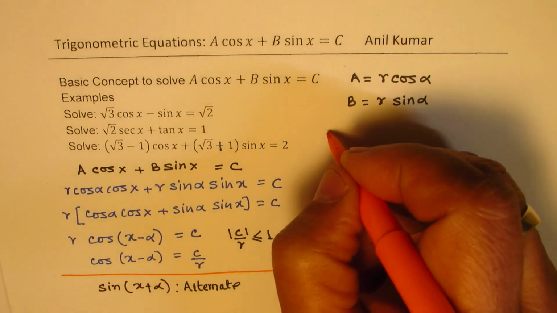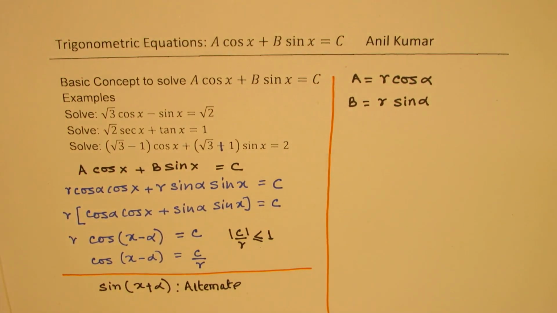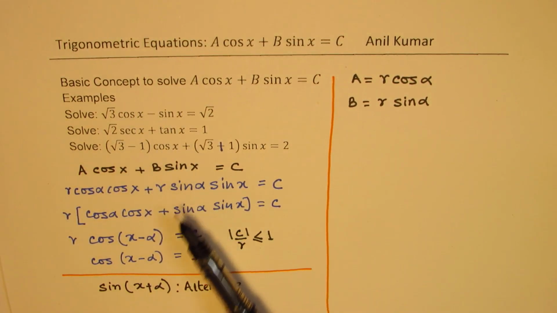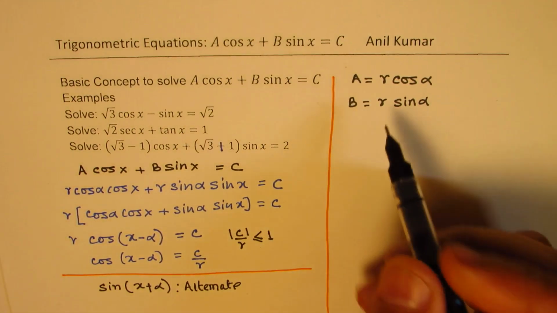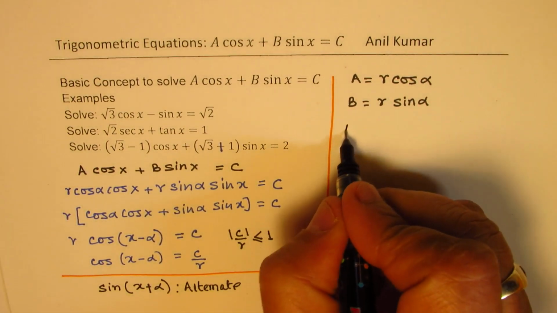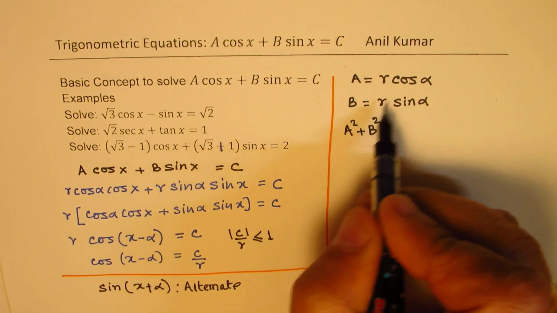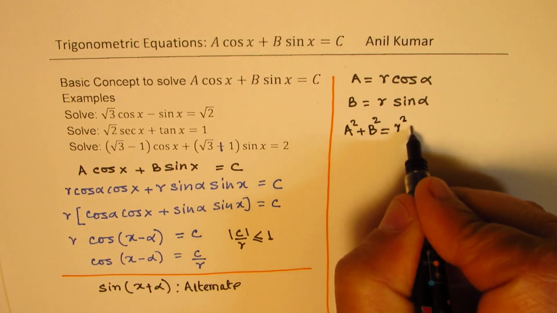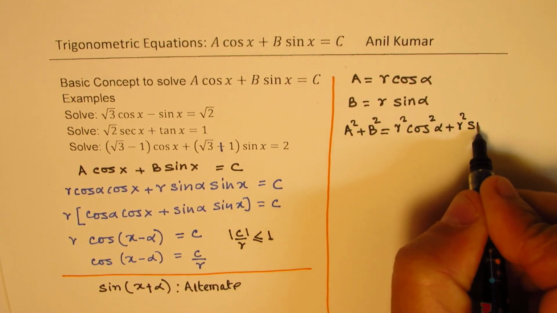Now let's further look into the substitution which we made, so that in the examples we'll not explain the whole process. From here you can see very clearly what a square plus b square equals. If I add their squares, we get r square cos square alpha plus r square sine square alpha.